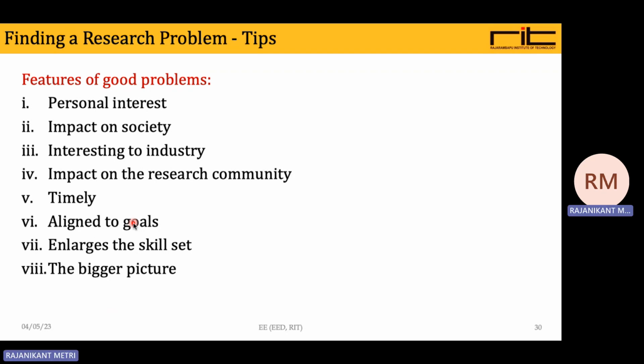With your career goal in mind, the chosen problem should be one that the industry cares about or that is a requirement of society, then only it is useful or significant, and it is also useful in getting a job or career achievements. So whether it is aligned to that or not, that is also to be taken into consideration.